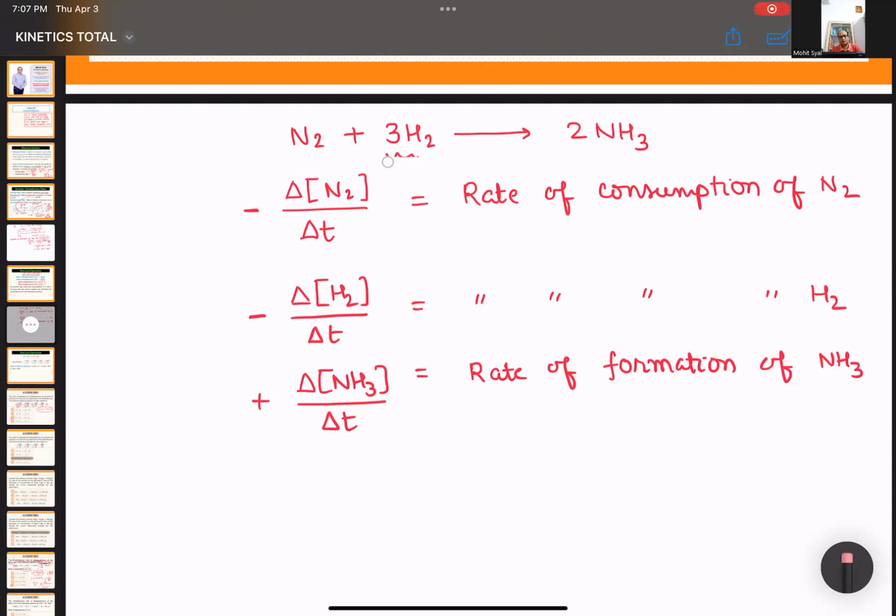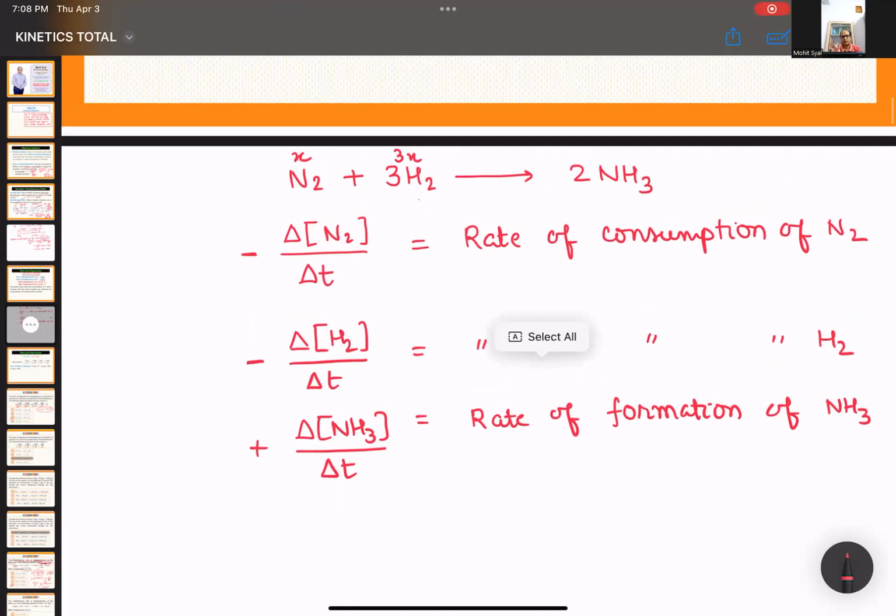If in a minute, X moles of nitrogen are being consumed, as per the balanced equation, 3x moles of hydrogen will be consumed, because the coefficient is 3. And in the same time interval, how many moles of NH3 will form? 2 moles, 2x. So surely they are not same.